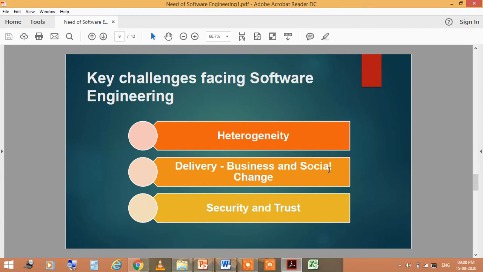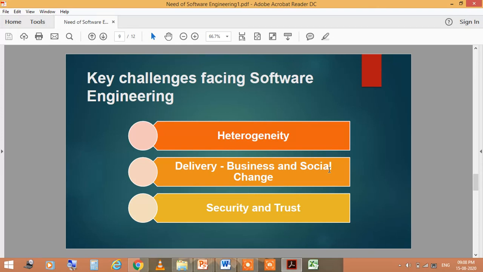For what purpose will you develop that software, for the business or the social? Sometimes it is social change, so that might affect the business also. The software which you developed as per that requirement will change as per the social change, right?